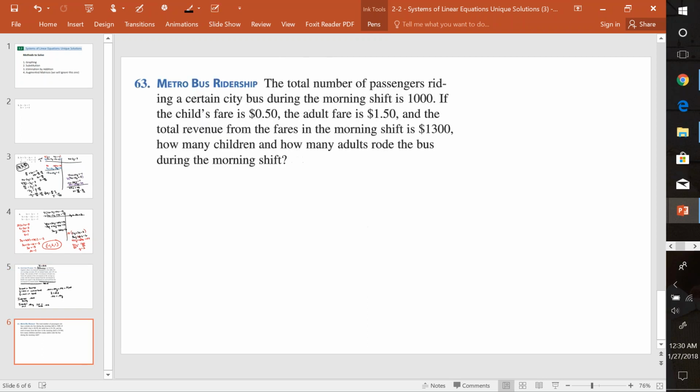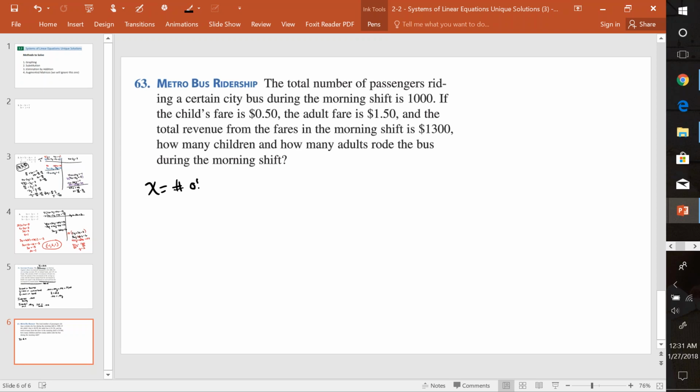So let's look at number 6, because this one's a 2-variable one and we actually are going to solve this one. It says the total number of passengers riding in a certain city bus in the morning shift is 1,000. So if the child's fare is 50 cents and the adult fare is $1.50 and the total revenue from the fares in the morning shift is $1,300, how many children and how many adults rode the bus? So we have two different types of people.